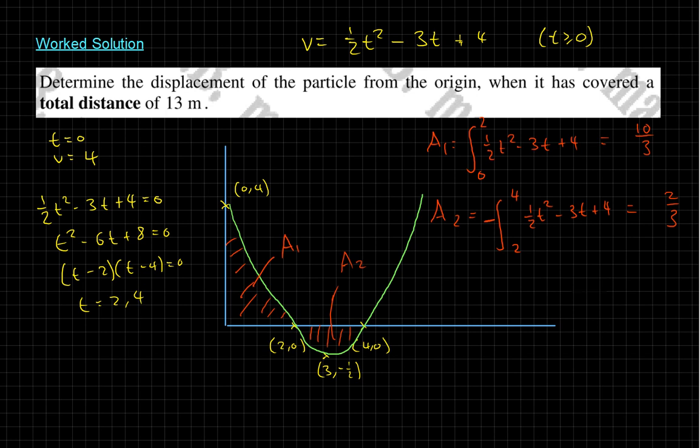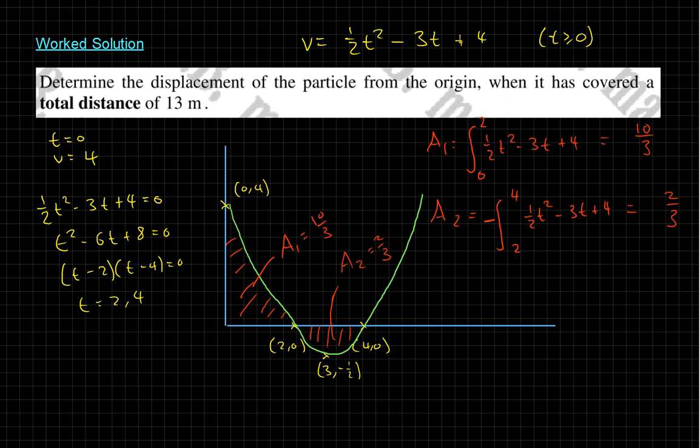Okay, so the integral itself gives you minus 2/3, indicating it's something below the x-axis, but the area as a positive value, because area can only really be positive, is the negative of that integral. So negative of a negative gives me a positive 2/3. Okay, so let's just write them here as well to be clear. 10/3 and 2/3.